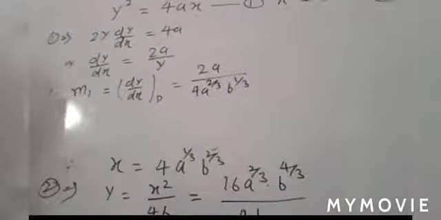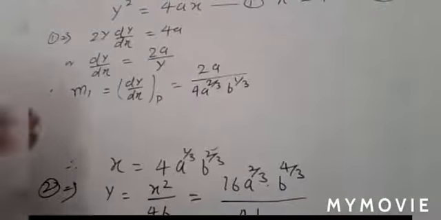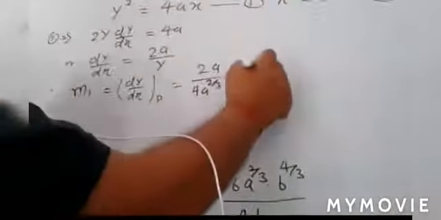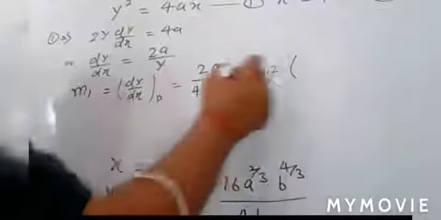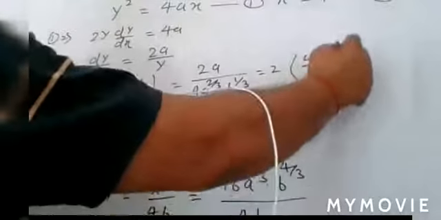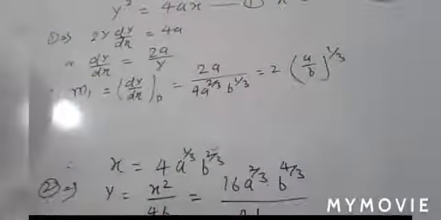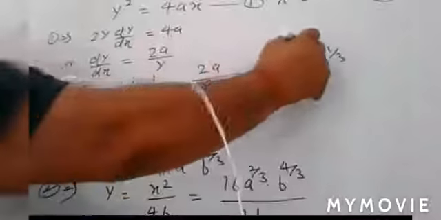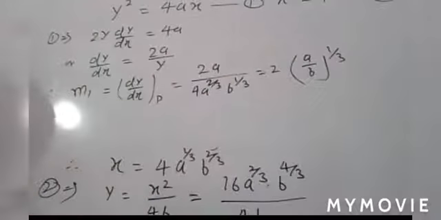So if you cancel it, what do you have? You have 2 times of 1 minus 1 by 2 by 3, that is 1 by 3. So that can be written as whole power 1 by 3. That gives the value of m1.